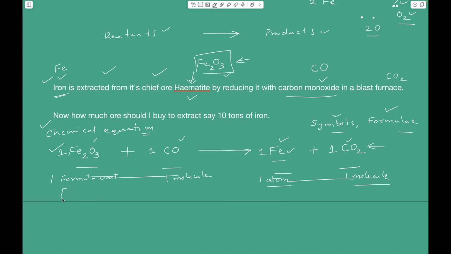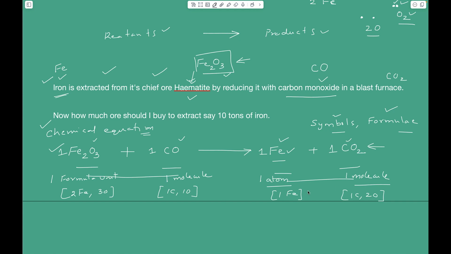And in one unit of ferric oxide, there are two iron atoms and three oxygen atoms. In this unit, there is one carbon atom and one oxygen atom. Here we have only one iron atom. Here we have one carbon atom and two oxygen atoms.